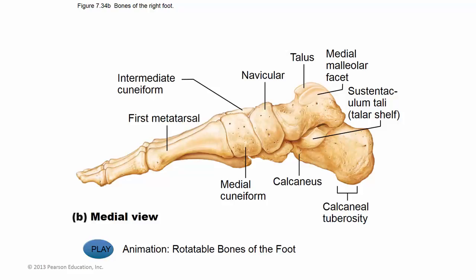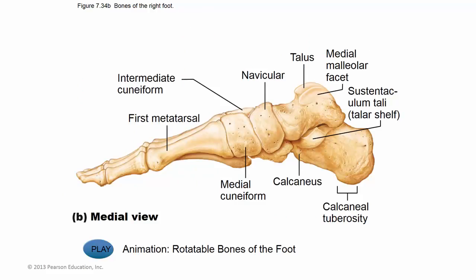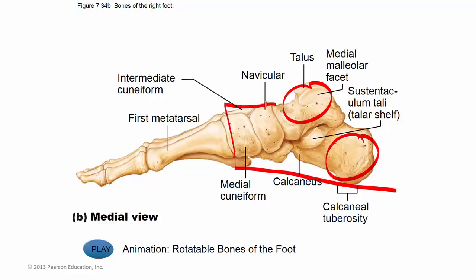So the last thing I wanted to talk about when we think about these bones, remember, it can be from any view. You may see it from the top, like this view, or it could be from the side. So you also need to recognize the calcaneus and the talus. These are all tarsal bones, okay? These would be your metatarsals, and then these would be your toes or your phalanges.